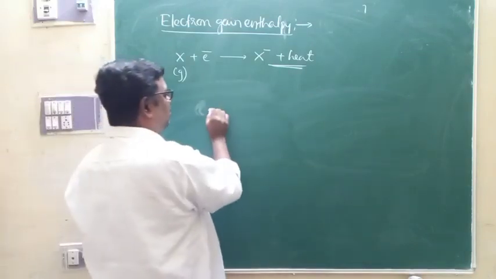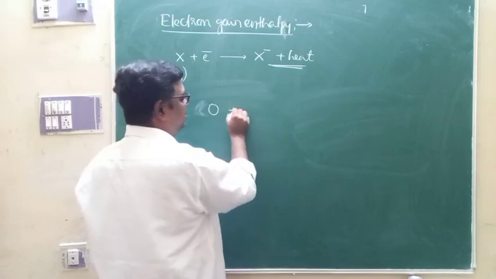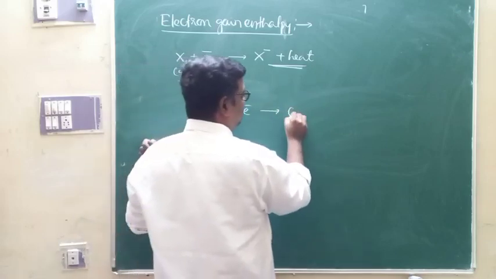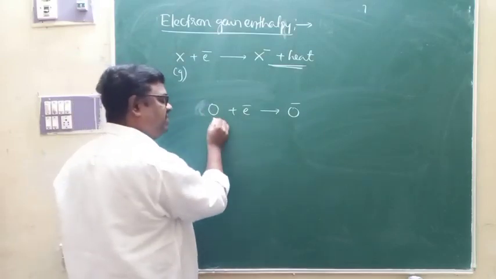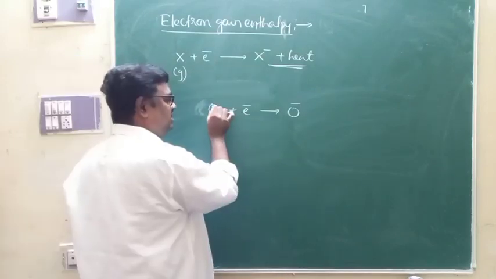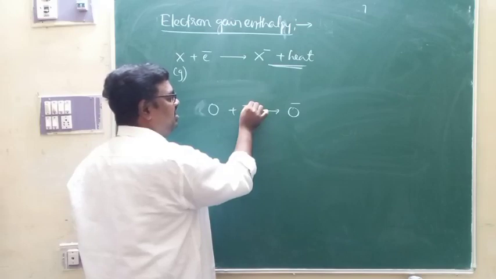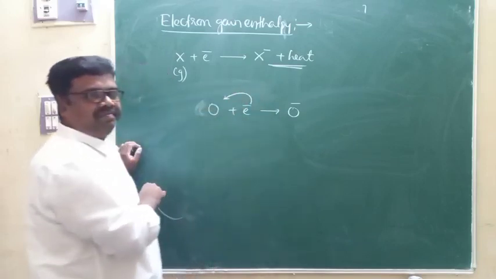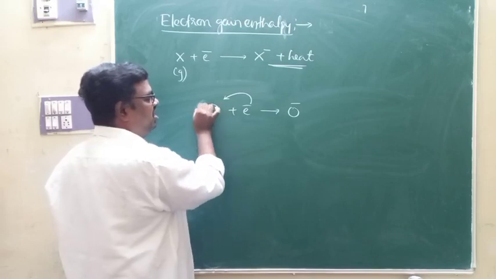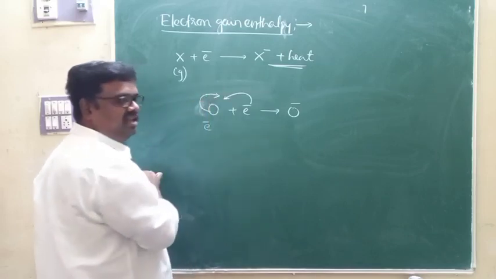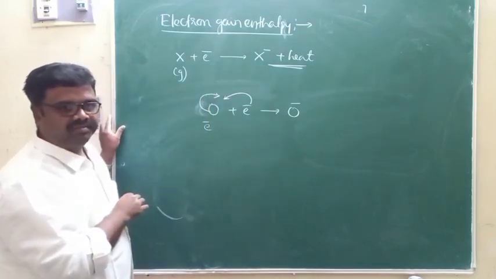No doubt, oxygen atom is a very, very small atom. When an electron is added to it, it is going to get O minus. But oxygen atom is such a small atom that when an electron approaches the oxygen atom, the electrons already present in oxygen will offer repulsion for the incoming electron.